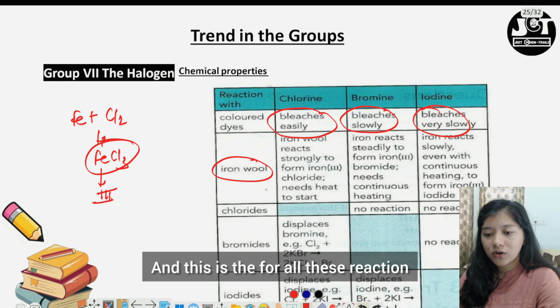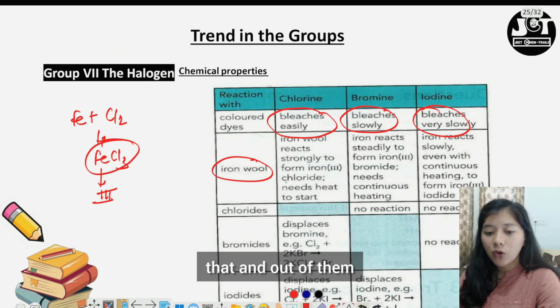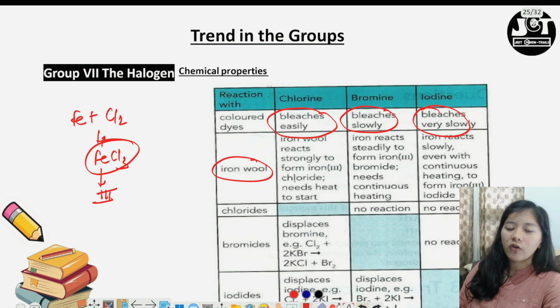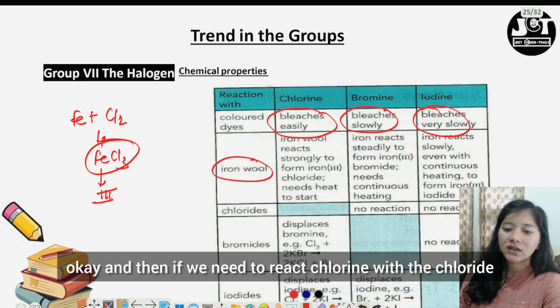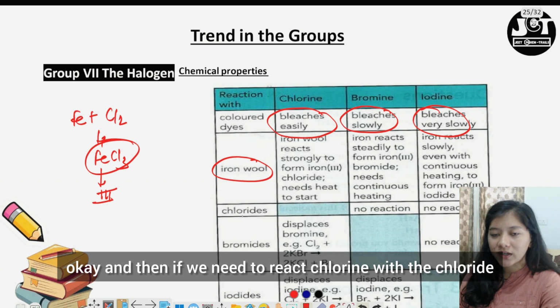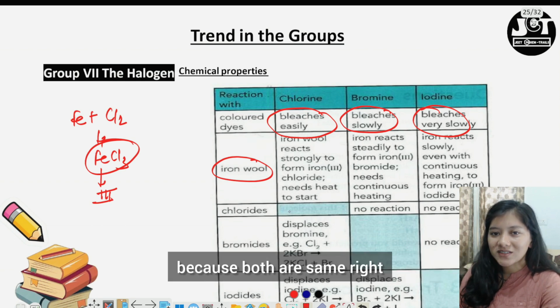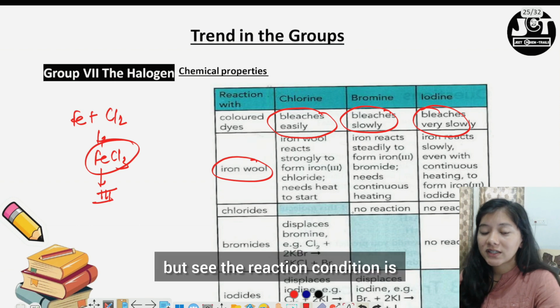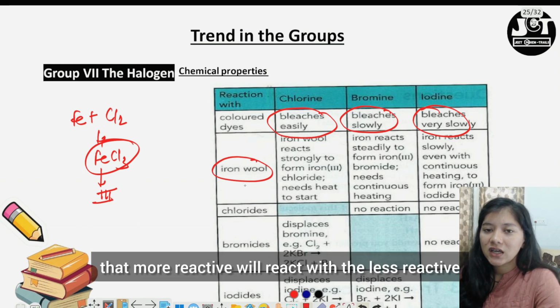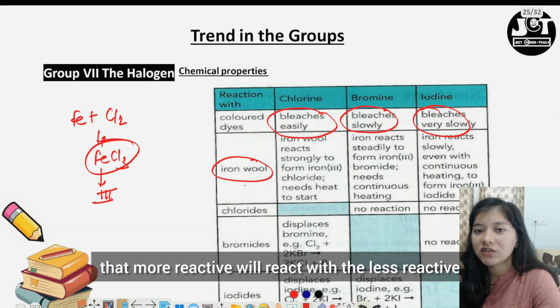For all these reactions, which one will be reactive faster? Obviously chlorine, right, which is most reactive. Then if we react chlorine with chloride, that will not happen because both are the same, right? But it can react with bromine. But see, the reaction condition is that the more reactive reacts with the less reactive.